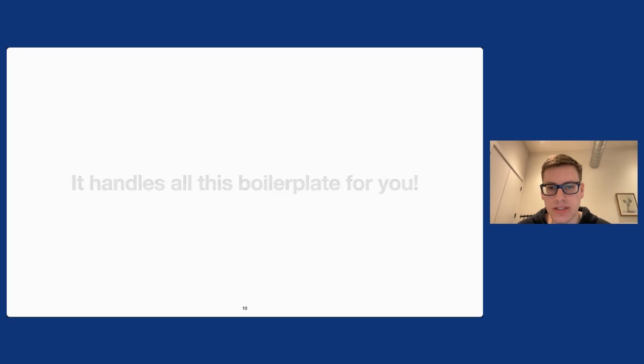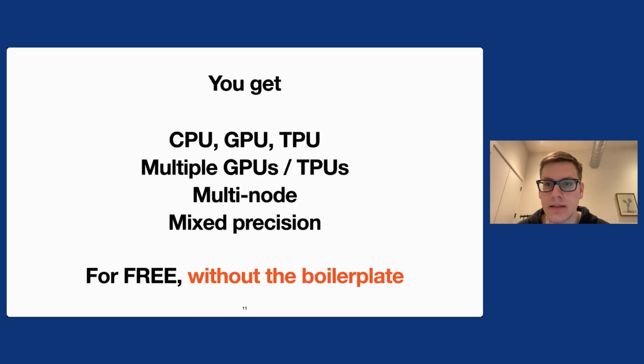And so in summary, with Lightning, you get to run your code on CPU, GPU, TPUs in the cloud, even multiple of these devices together in parallel. You can also even run across multiple nodes, so multiple machines joining together to train a single experiment.